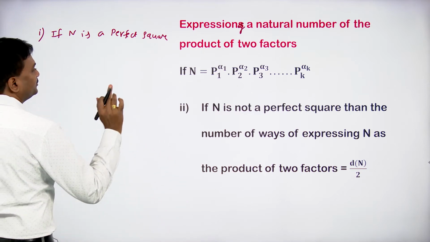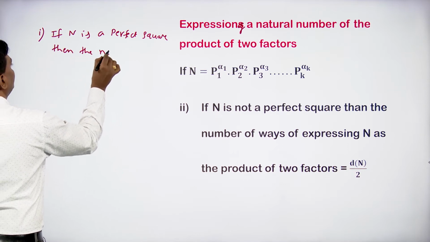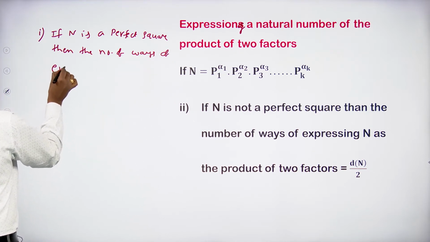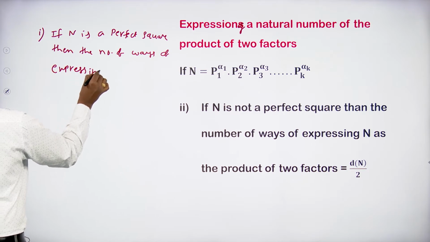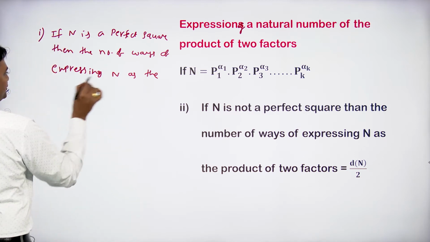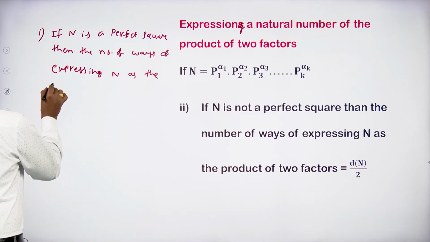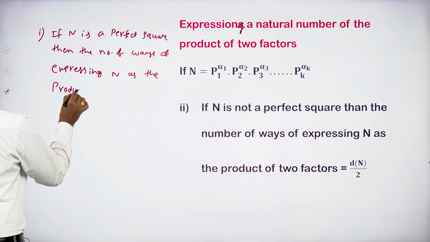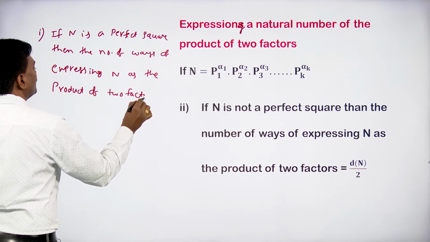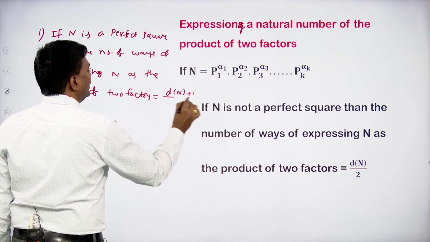If n is a perfect square, then the number of ways of expressing n as the product of two factors, the formula is d of n plus 1 by 2.